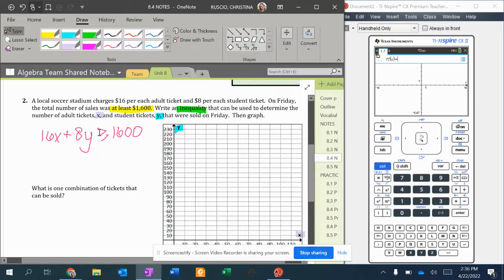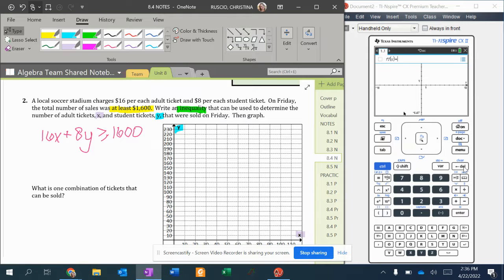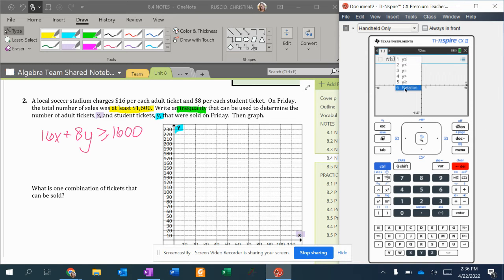I could solve for y and then graph it that way, getting my slope and y-intercept, but I just want to show you how this works with technology. First, change your graph to relation mode because we don't have a function here. We have an inequality. 16x plus 8y, and then control equals gets those inequality symbols, is greater than or equal to 1600.